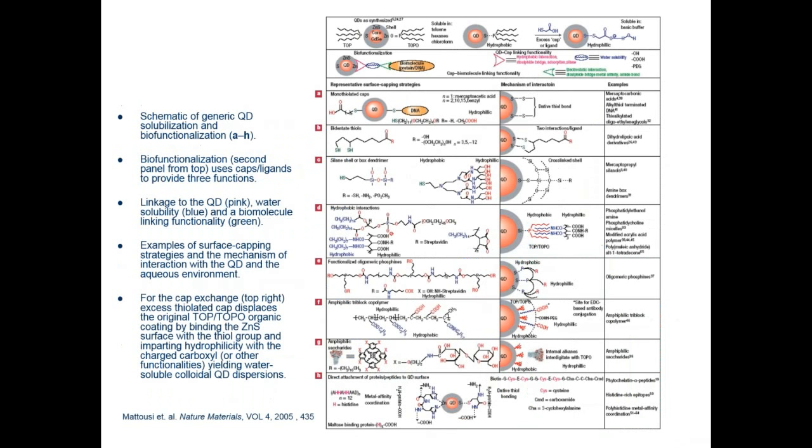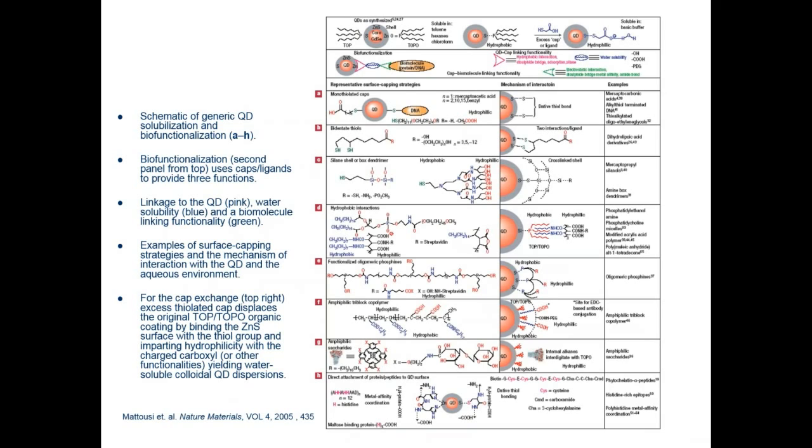So just to summarize in this busy view graph, some of the bioconjugation techniques that have been used to functionalize quantum dots. Quantum dots can have different types of ligands, whether it's phosphonate, thiol, amine, alcohol. So that provides a way to attach these biomolecules on the surface and functionalize it.